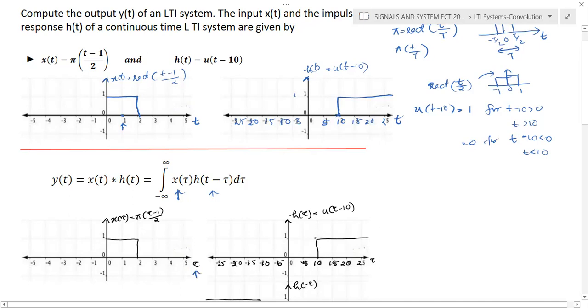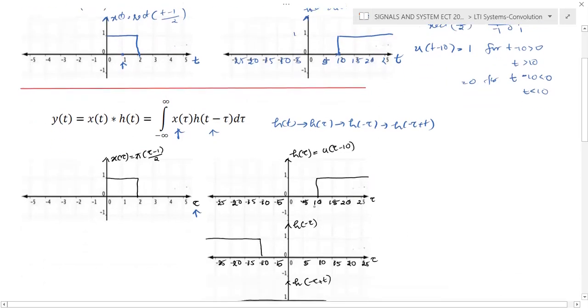Now we require h of t minus tau, so from h of t you can draw h of tau, and then h of minus tau, then h of minus tau plus t, which is equal to h of t minus tau. If you rearrange, you will get h of minus tau plus t, and this is h of tau, which is starting from 10 onwards.